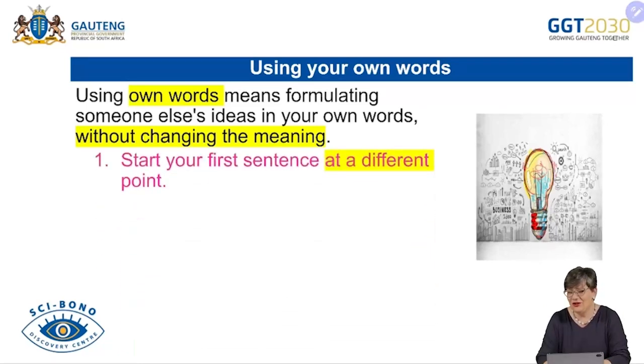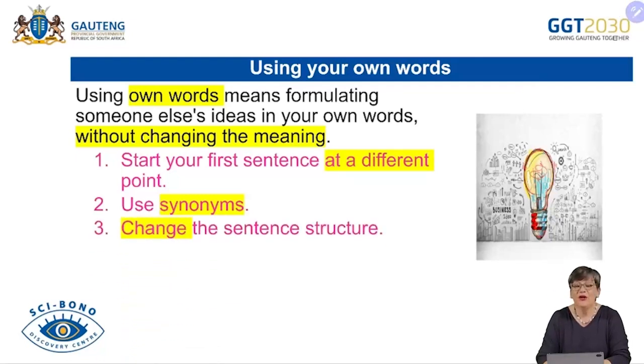So how do you do this? Well, you can always start your sentence from a different point of view. That's one way. Or you can use a synonym. Maybe you know a synonym for one of the words in the sentence and you can use that. You can change the sentence structure.